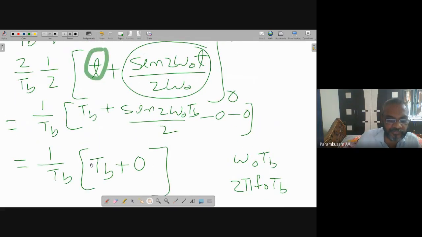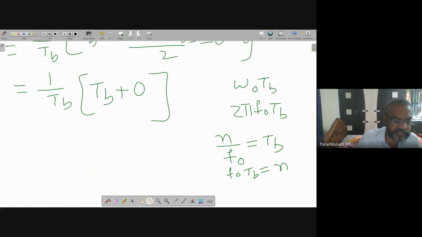So this is equal to 1. So the energy of u1 of t is equal to 1. That is why it is called a normal function, orthonormal function.